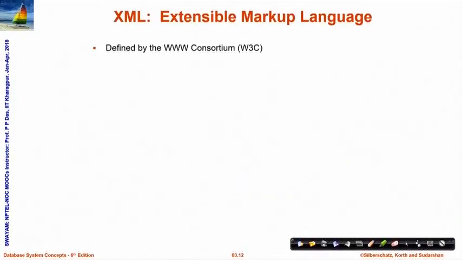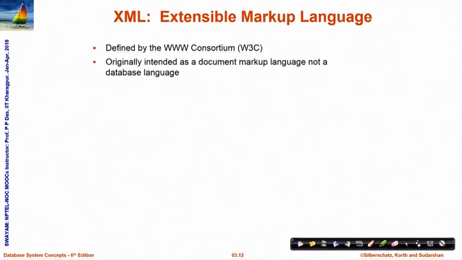In contrast, XML, extensible markup language, was defined by W3C, and it was originally intended for marking up document languages. It was not designed as a database language. It was designed for marking up. So, it is saying that this particular element should be in capitals, this should be in blue color, this means a verb, this means a paragraph, there should be a page break here, those kinds of markups.